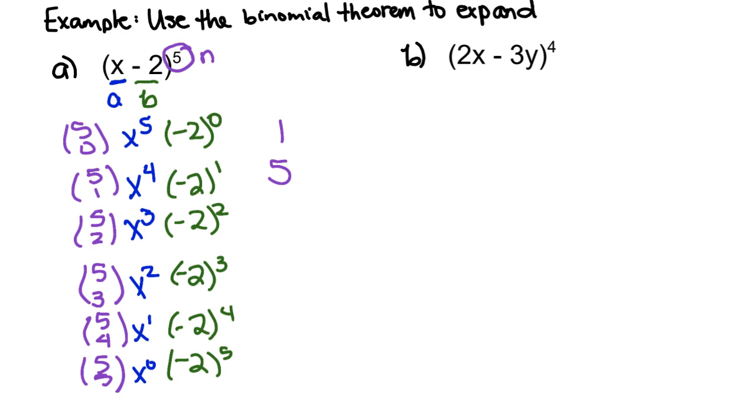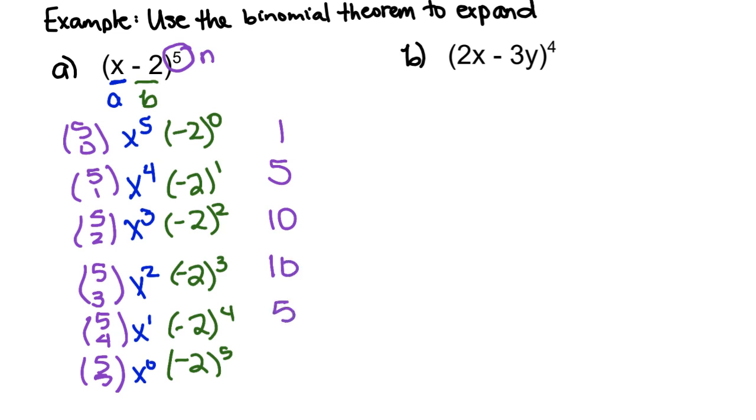And then it gets a little more complicated, so I'm going to pull up my calculator for 5 choose 2, which is 10. And then 5 choose 3, which is also 10. So you can see there's going to be a pattern here.